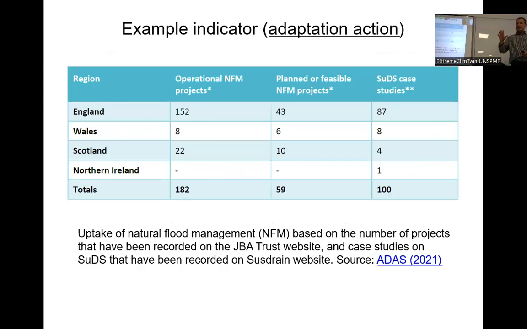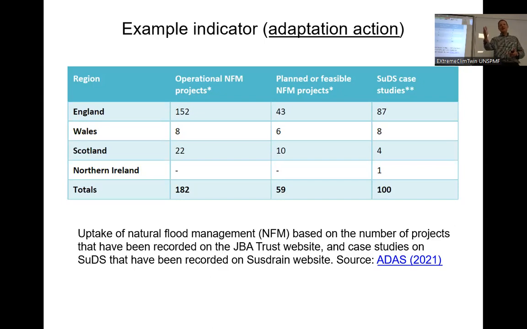Here's another type of climate risk indicator, but here it's being used to measure the extent of adaptation. So in the UK, there's quite a strong push to implement the so-called nature-based or natural flood management systems. So these might be wetlands or sustainable urban drainage systems, things like that. So working with nature to manage flood risk.